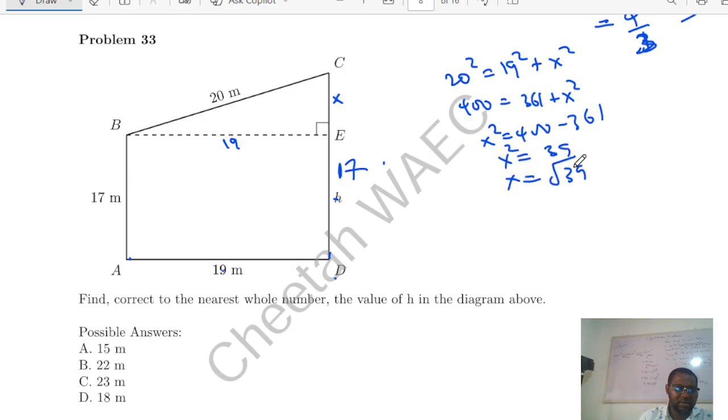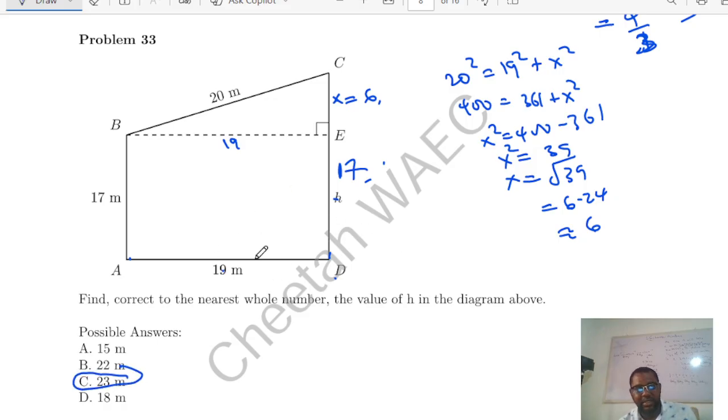So let's see, square root of 39 is 6.24. That means to the nearest whole number is 6. So that means this number is 6. So that means H actually meant the whole thing, which is 6 plus 17, which is equal to 23. Okay, this is an error from the way the question was being retyped.